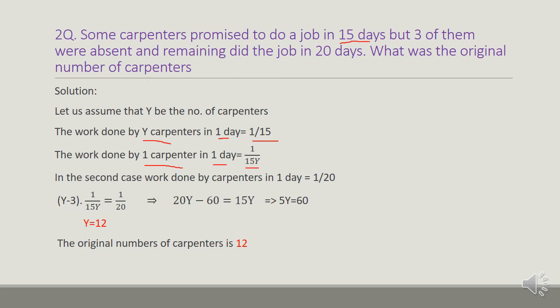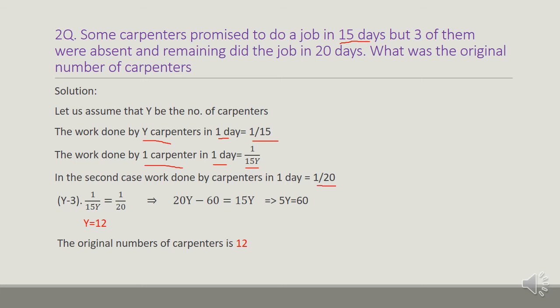In the second case, 3 of them are not working, so they did the job in 20 days. Then the work done by the carpenters in 1 day is 1 by 20 in the second case.